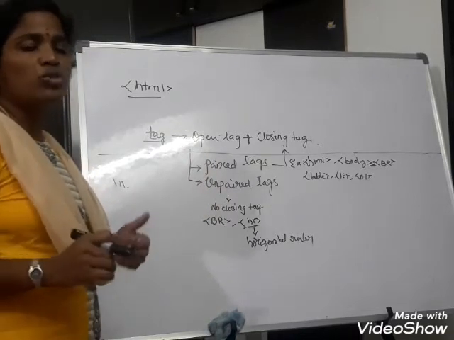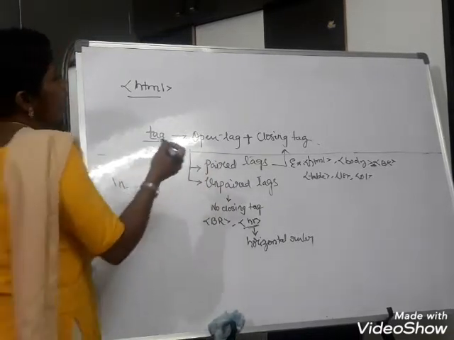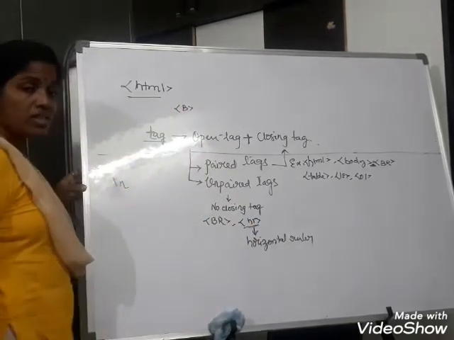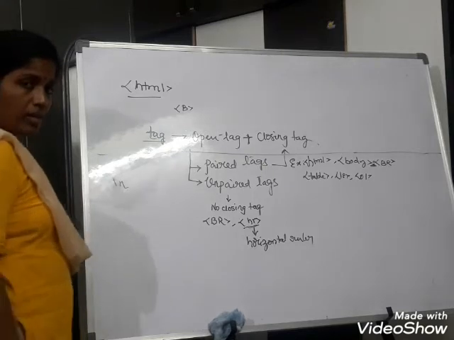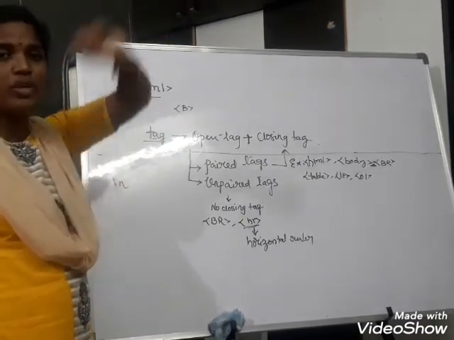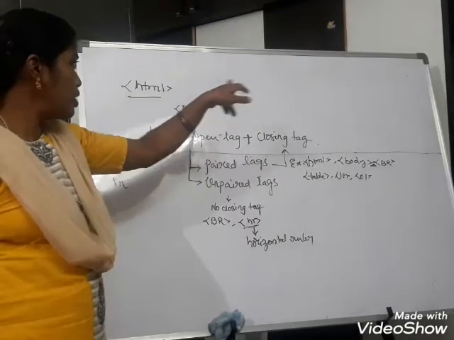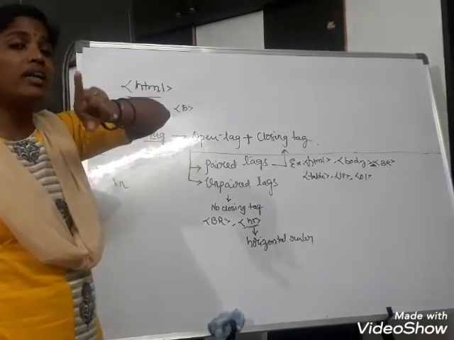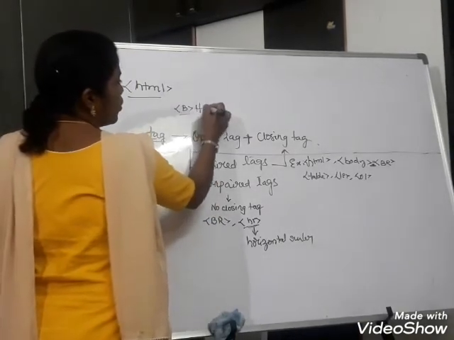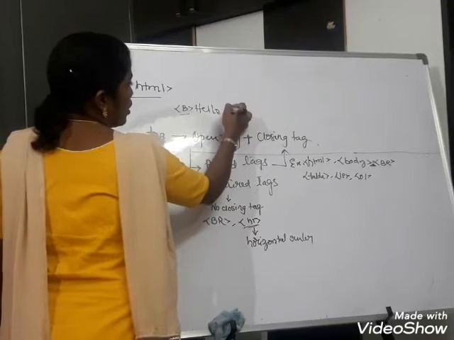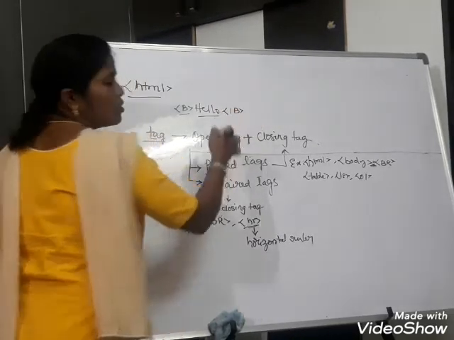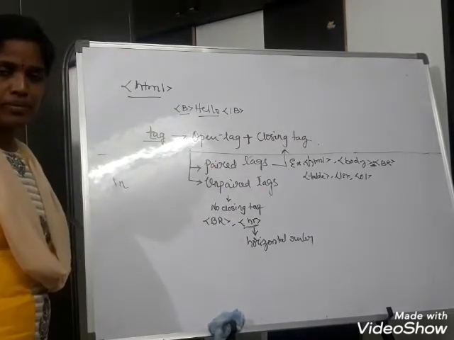But whenever you write anything, suppose I have a tag called B, which is nothing but bold. This is similar to bold in MS Word, what you use in MS Word. So you are making a text bold. Suppose B, hello. Up to hello, I want to make it bold. So this is B, right?